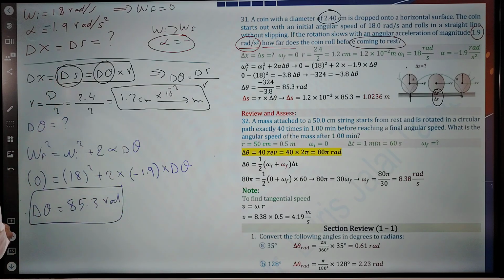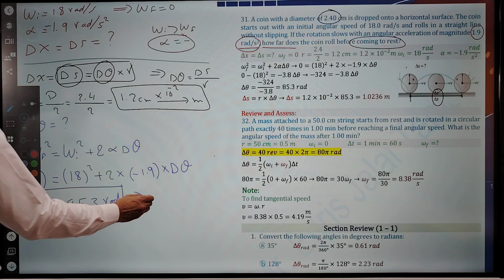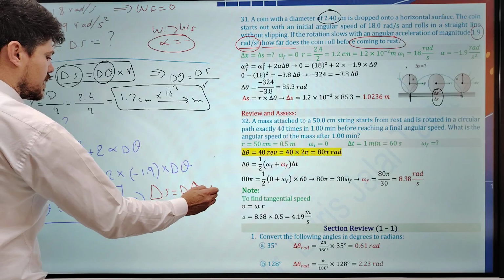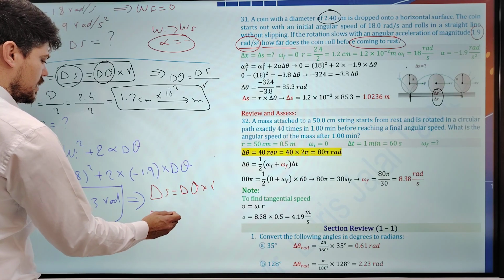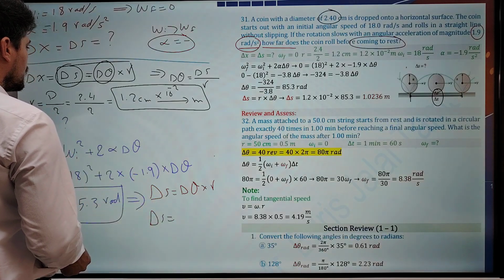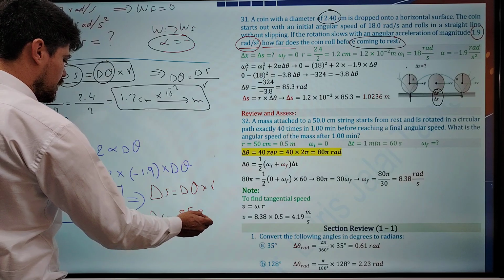After that, we can replace into this equation to find delta S, which is equal to theta times r. Do we have theta? We didn't at first, but we found it is equal to 85.3.